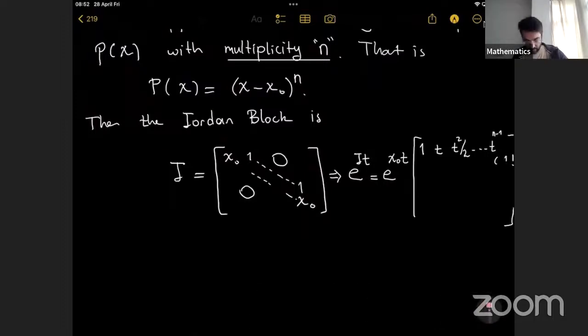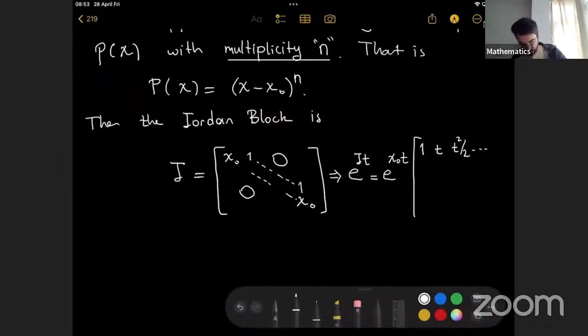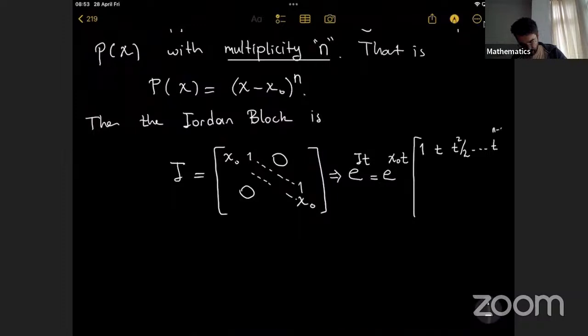Then you continue this, and 0, 1, t, and so on. 0, 0, 1, t, and so on.